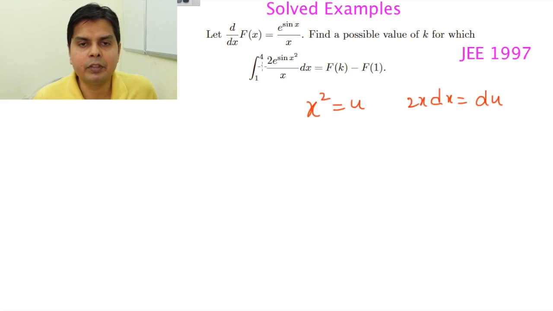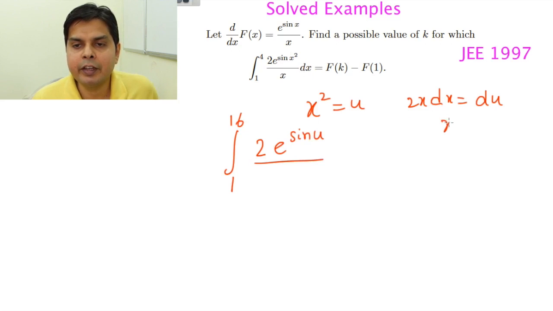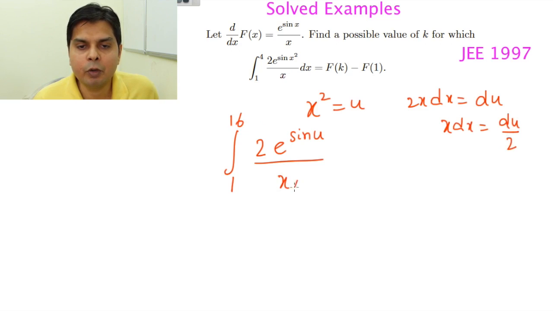Now x square is equal to u. So when I am using the u variable, the lower limit will become 1 and the upper limit will become 4 square, 16. Now e to the power sin x square will become e to the power sin u. If I take x dx, it will be du by 2. So here what I do, I multiply x in the denominator also and x in the numerator also.